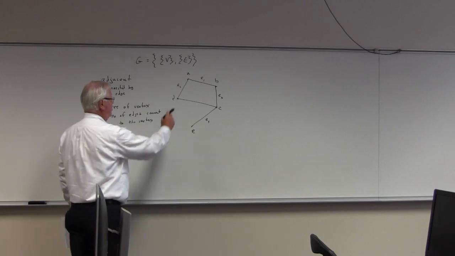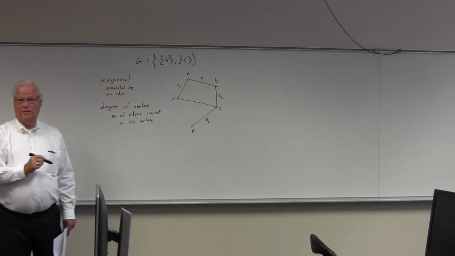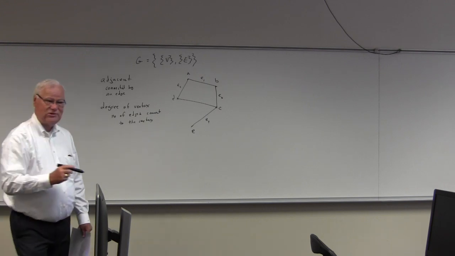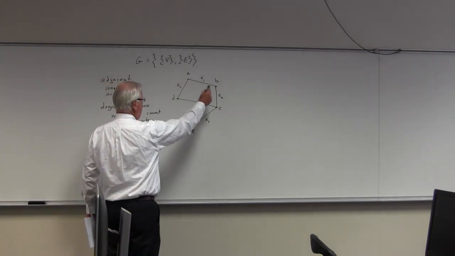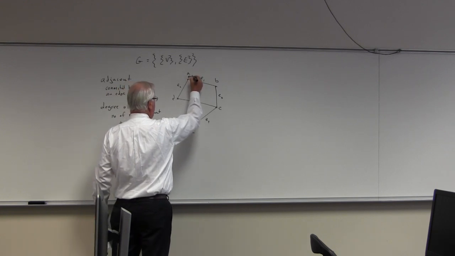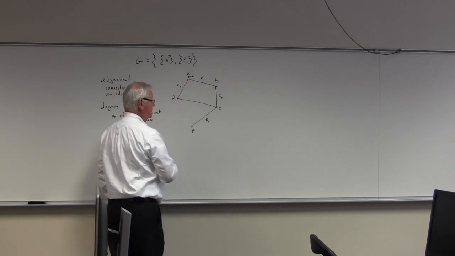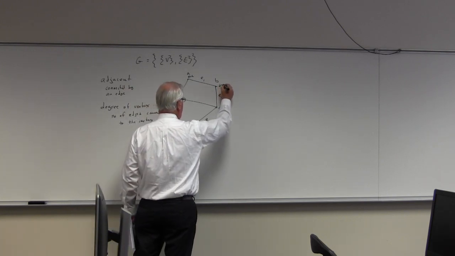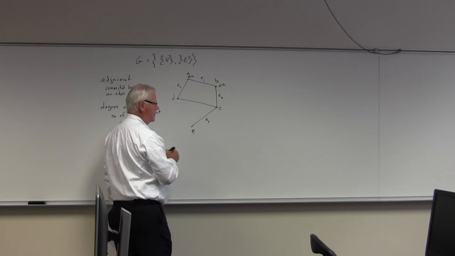So what would be the degree of A? I heard it. 2, right? Yeah, 2. Everybody see that? Because it has an edge here and an edge here, we would say A has a degree of 2. What about B? B is 2 also, isn't it? What about C? 3. Yeah.